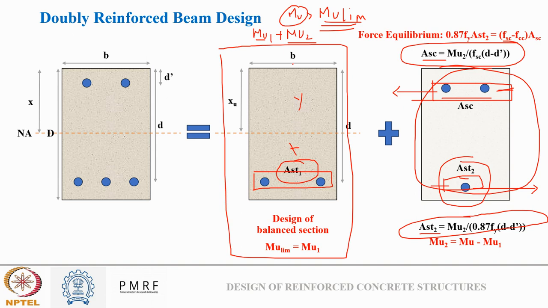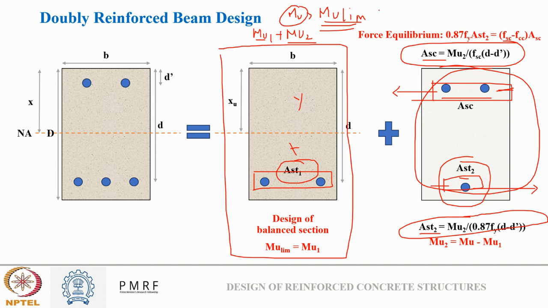Yeah, I understood. So when we talk about a doubly reinforced beam, the moment acting on the beam is more than the limiting moment. So how do we design such beams? We divide the beam into two parts. One part is the balanced section that is taking the limiting moment, and the second part is the section which is taking the extra moment acting on the beam.